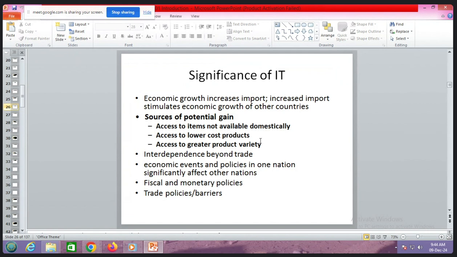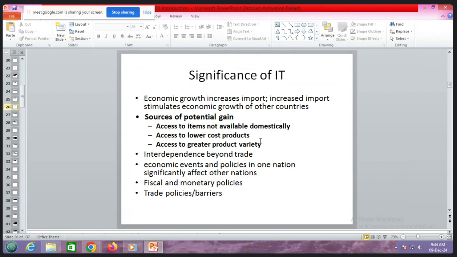We get variety of goods, and we also get the goods at a very competitive price. But at the same time, trade is making two countries interdependent beyond the trading aspects, that is politically as well as diplomatically. And the policies also are affecting each other.